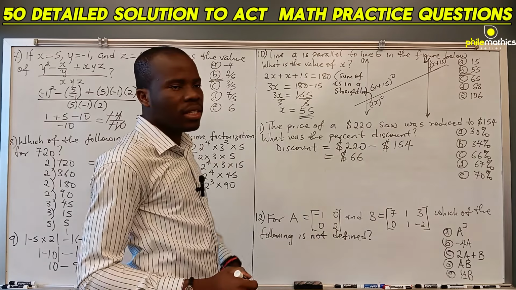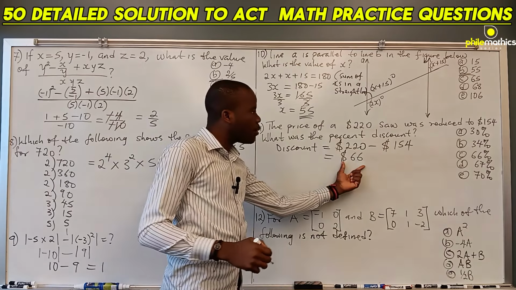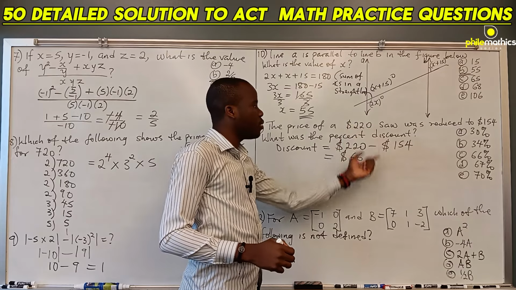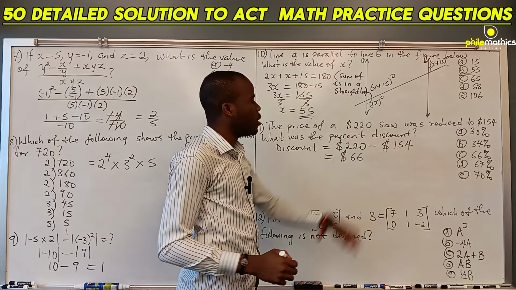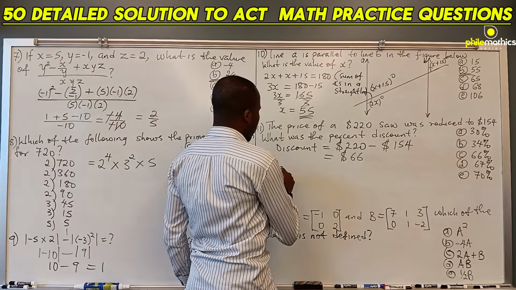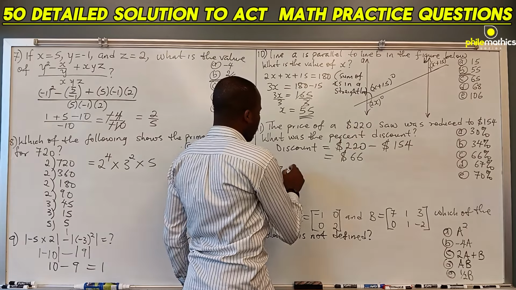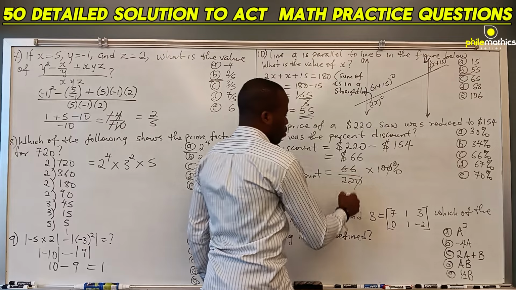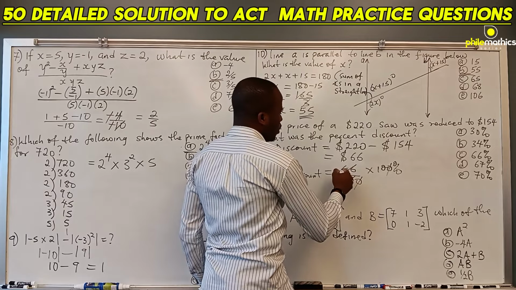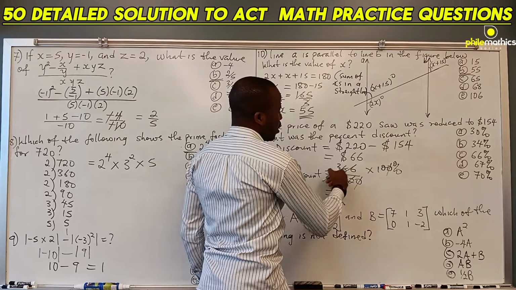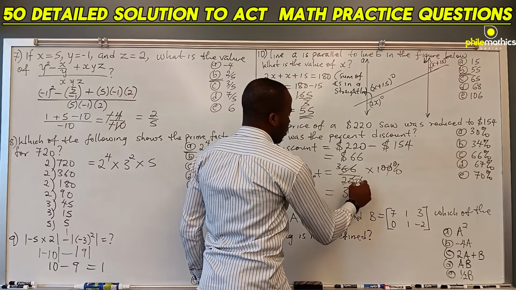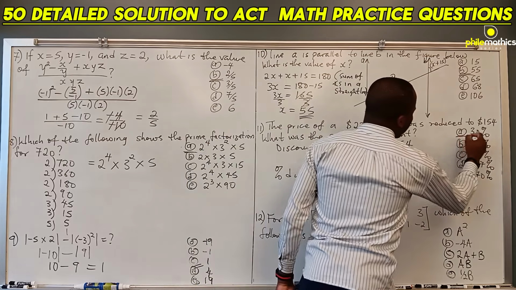The percentage discount will be the discount over the original price times 100%. So percentage discount will be 66 over 220, which is the original price, times 100%. 0 can cancel 0. 22 can go into 66 3 times, and 3 times 10 is 30%, which is A.